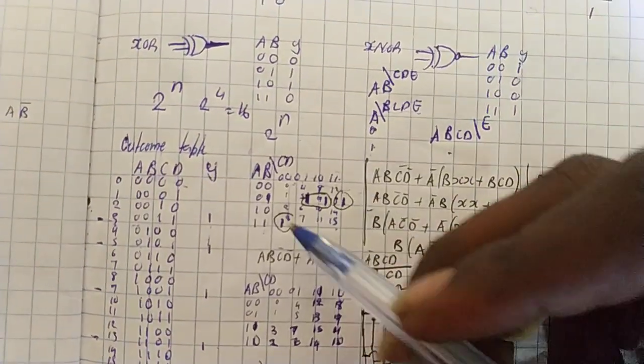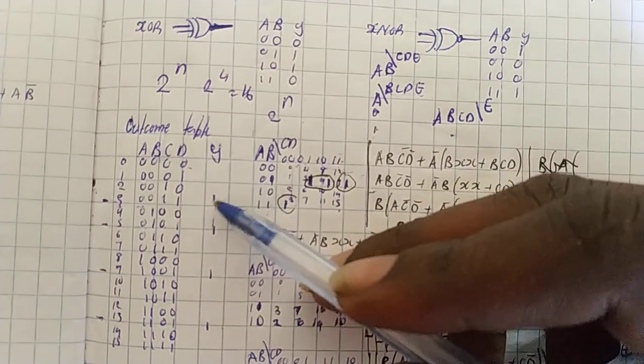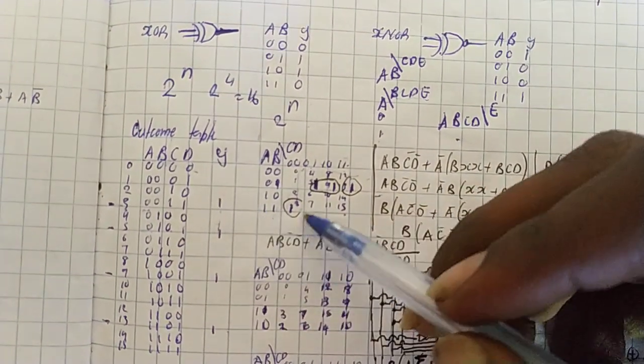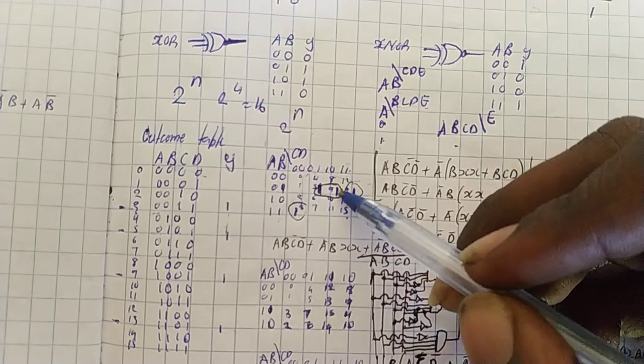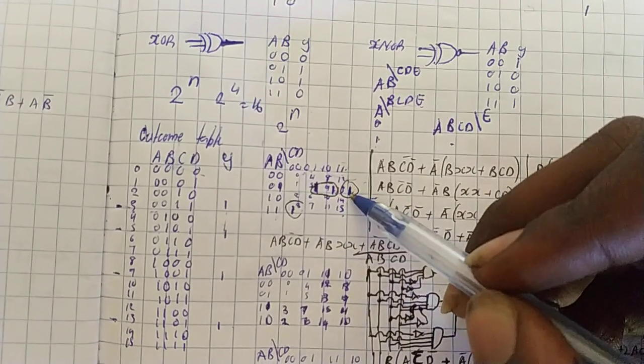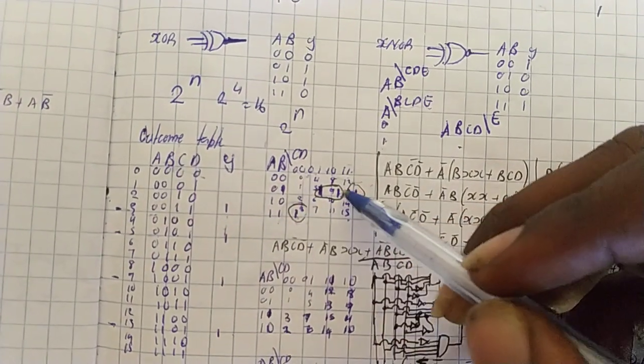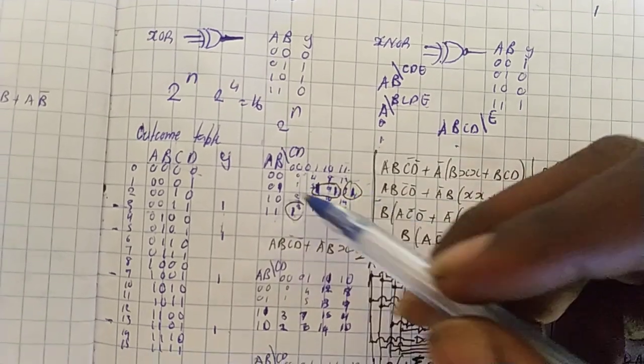From there, I've shown you for 3, 5, 9, and 13. So you group them. Kmaps are good for grouping.